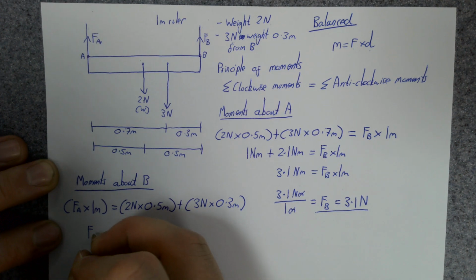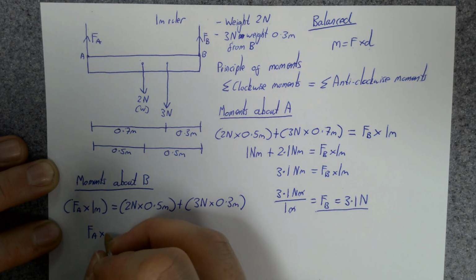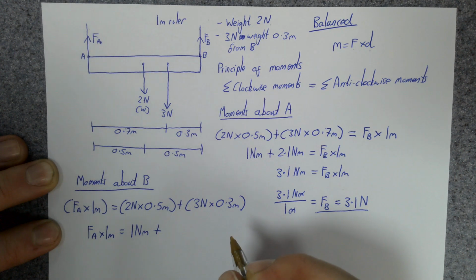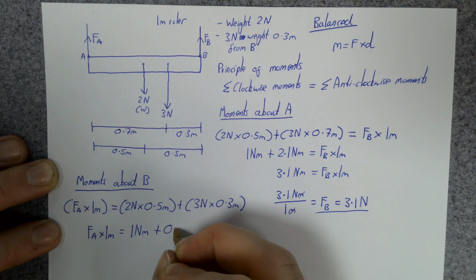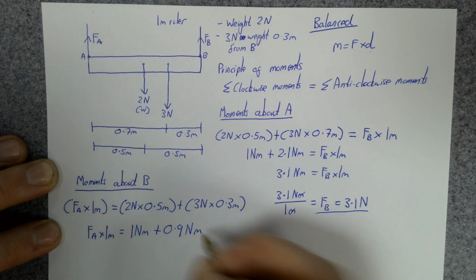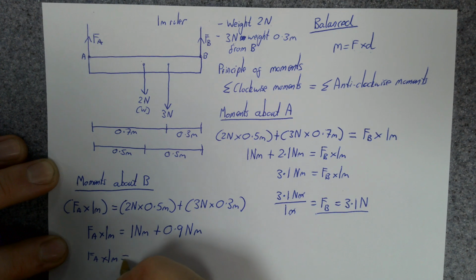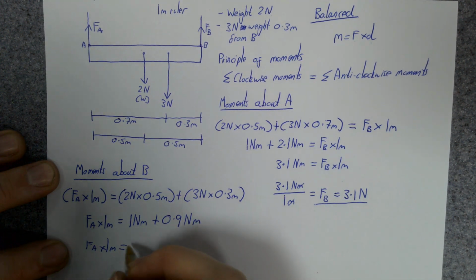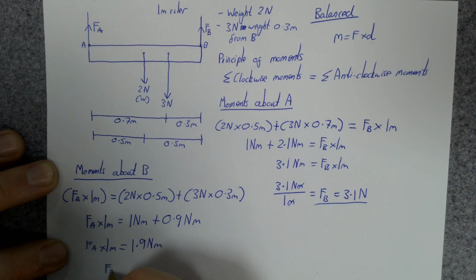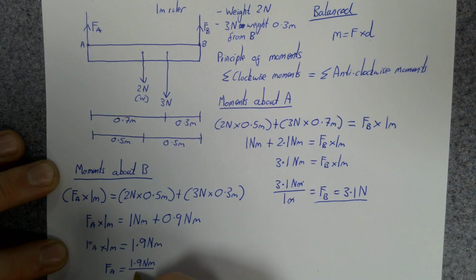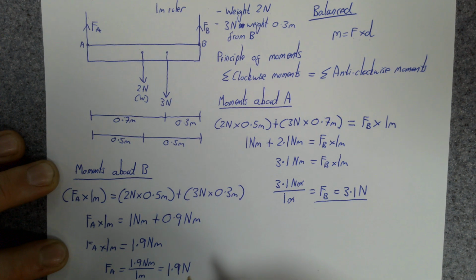So force A times 1 meter equals 1 Newton meter plus 0.9 Newton meters. Okay, so force A times 1 meter equals 1.9 Newton meters, and again that means force A is equal to 1.9 Newton meters divided by 1 meter. That gives me 1.9 newtons.